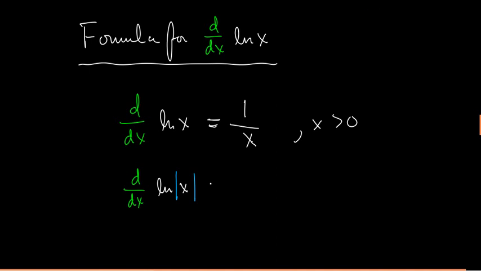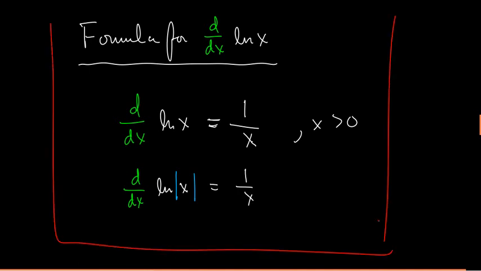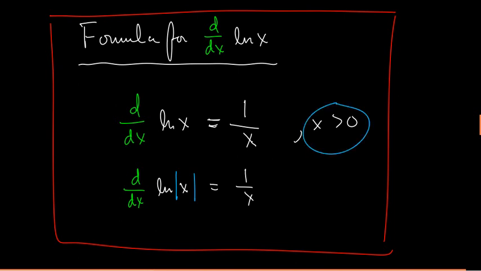And what you get is still 1 over x. So these are the formulas to remember. Basically, if you do ln x, the derivative of it is just 1 over x, whether the absolute value is there or not. And if it's not there, you just have to remember that the only thing you're allowed to plug in is positive numbers right here, positive numbers.